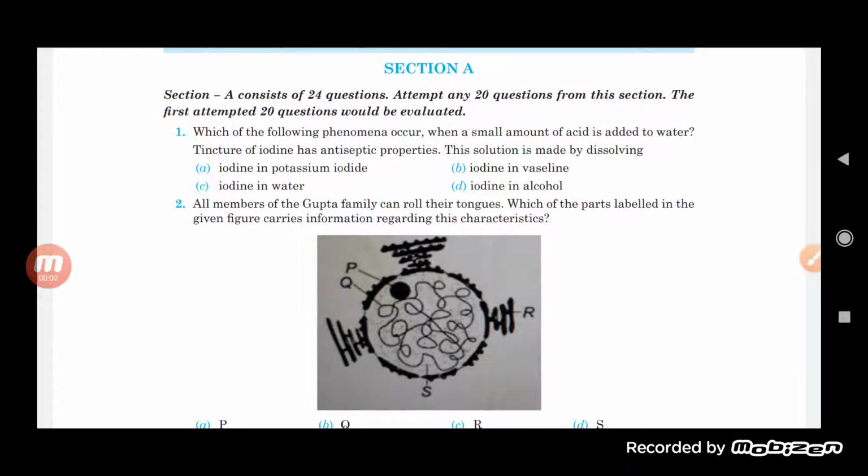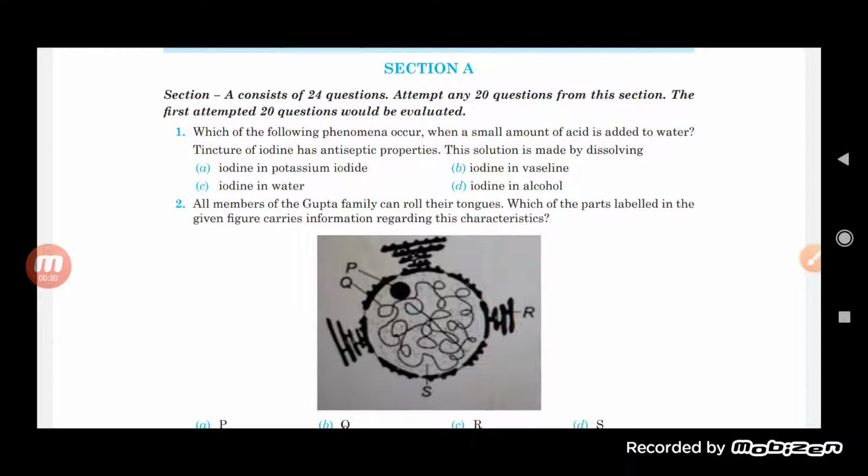So students, in the previous class we completed the chapter on tissue, and today we are going to solve some questions from the sample paper. See here, there is section A, and remember it is divided similar to the class 10 pattern.